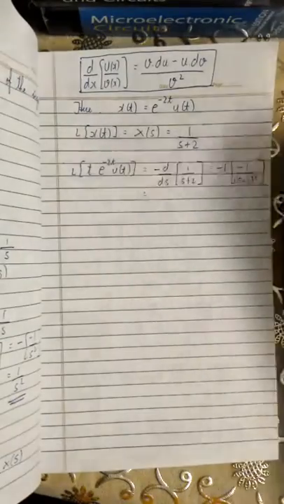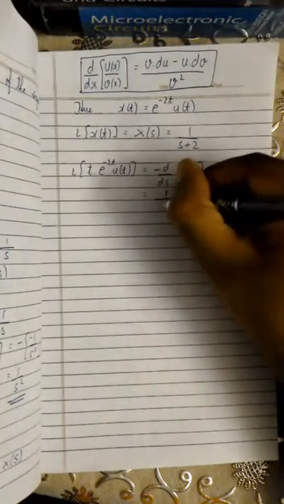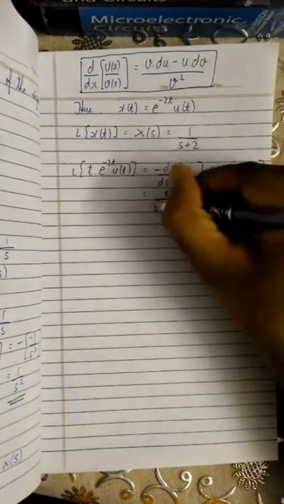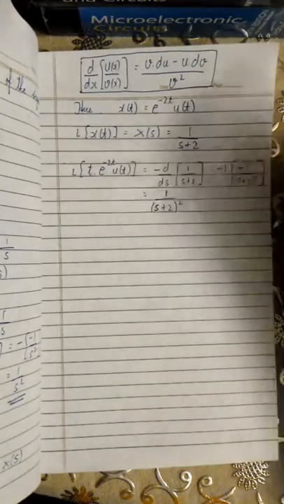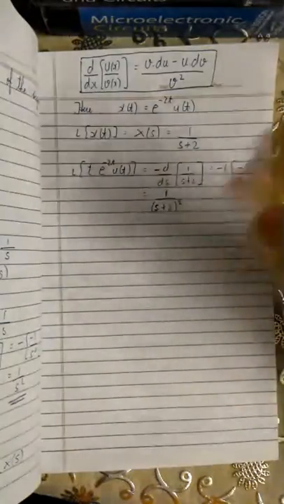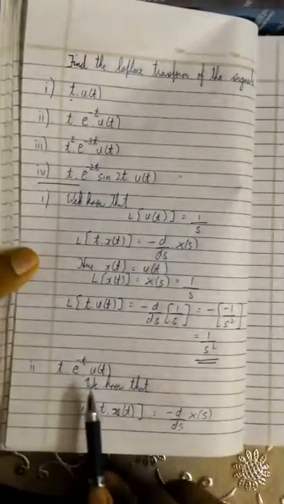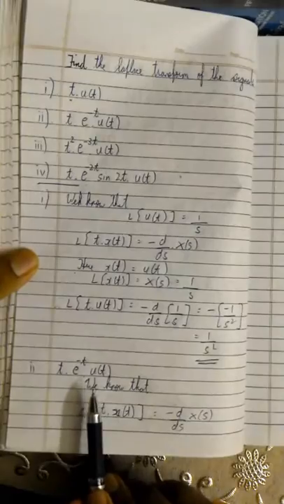So this is nothing but minus 1 into minus 1 is plus 1, 1 by s plus 2 the whole square. Suppose they are asking the ROC also, you should understand that the given question has u of t, so this is a right sided signal.